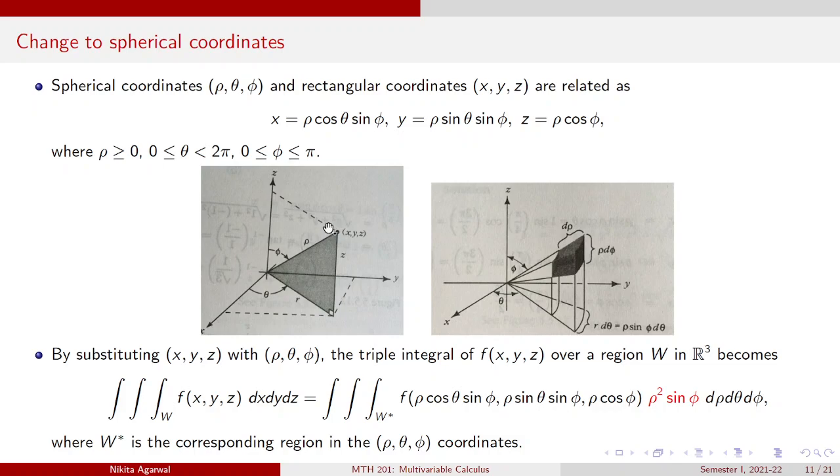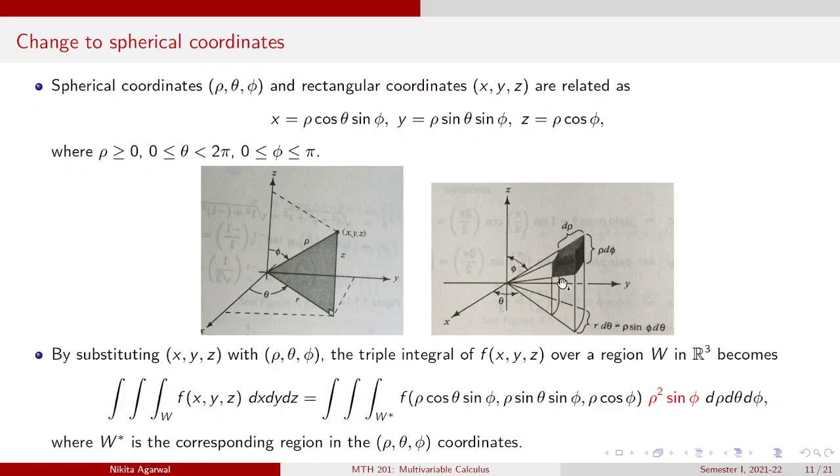So whatever box you have of sides dx, dy, dz goes to this region of sides r d theta, d rho and rho d phi, but r is rho sin phi.